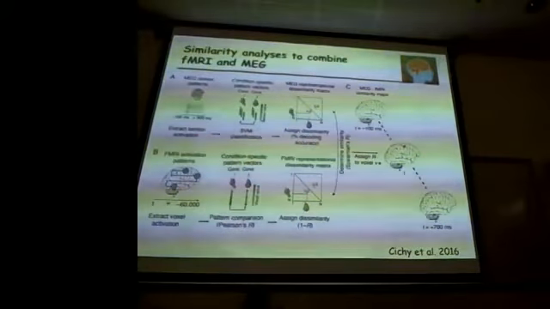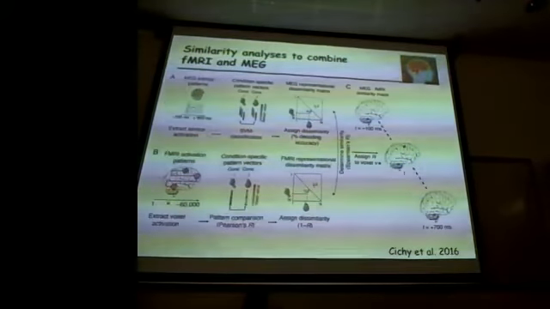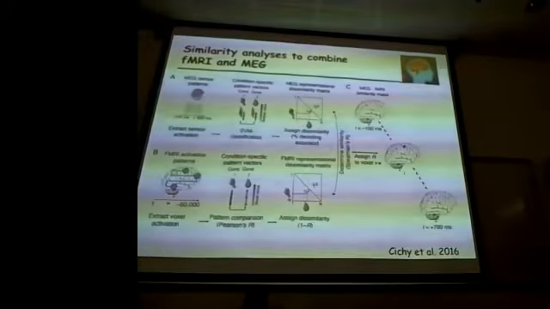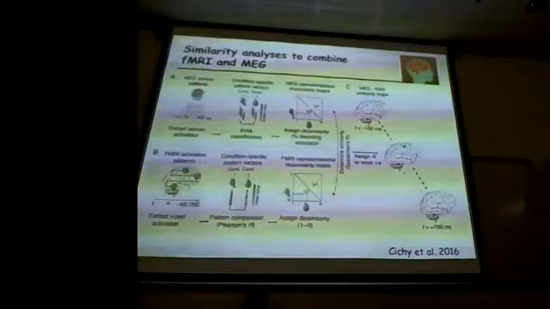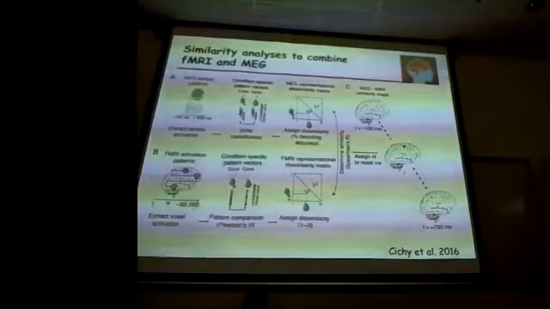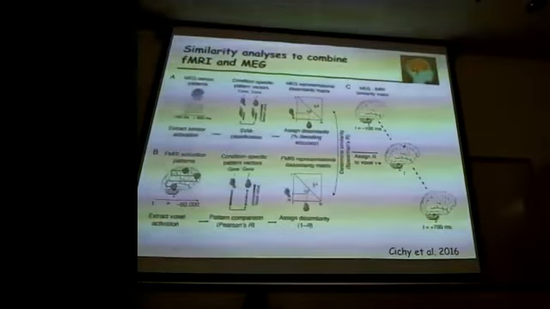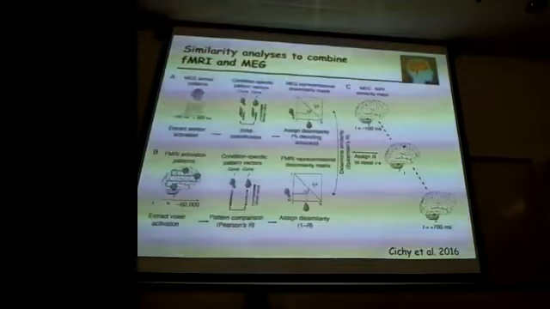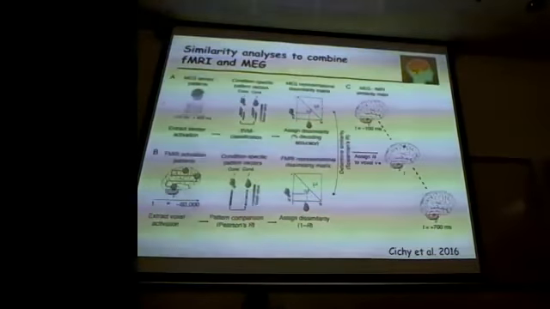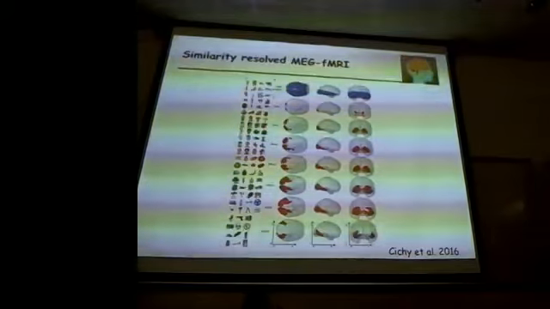In this case, it was visual stimuli. And do the same thing with fMRI independently. And so you have a similarity matrix for all of the visual stimuli for fMRI, and then link these two based on their similarity matrices. And what they then ended up doing was mapping out the timing based on how these things linked up based on the similarity matrices.